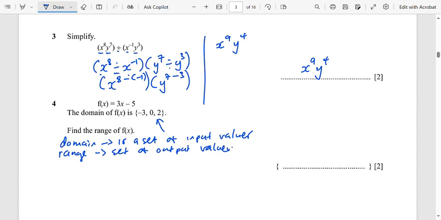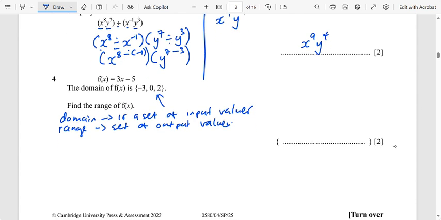So, for us to understand the domain and the range, we need to consider maybe sketching our graph on the XY plane, or the Cartesian plane, to understand what is really happening. So the x-axis becomes the input axis, or the set of the input values, while y is equal to f of x becomes the range axis. So 3x minus 5, the highest power of x there is raised to the power 1.